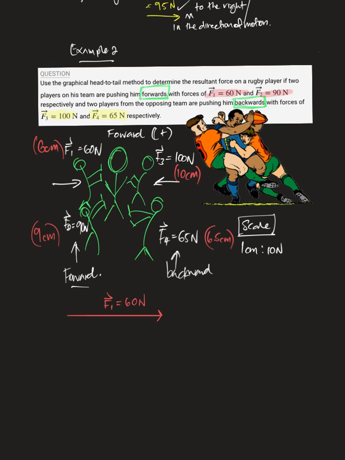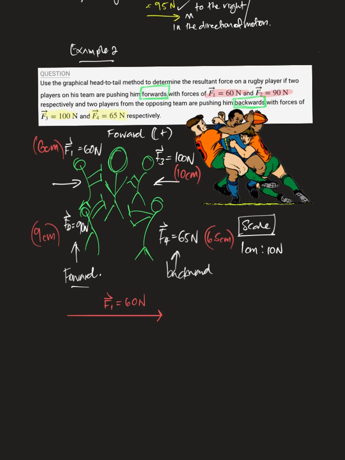Then I had to draw in F2. Same thing. Remember, we're doing head to tail. So from the head of this one, I'm going to go all the way. I'm going to measure here.